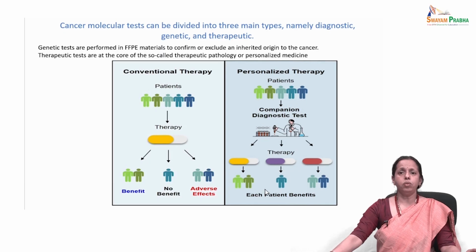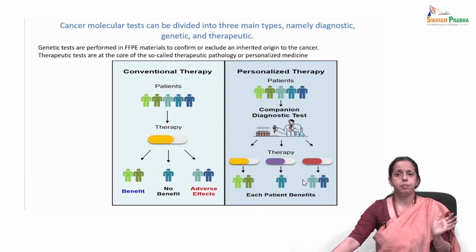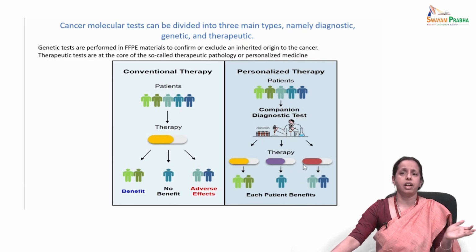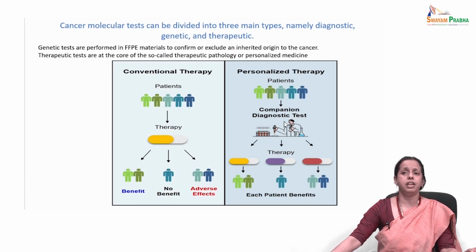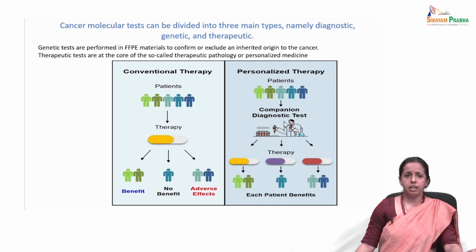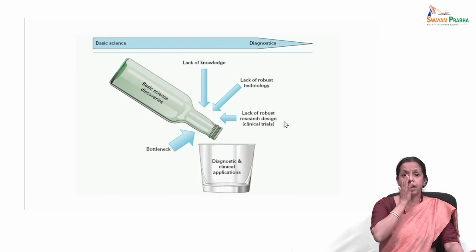That is now the prototype available in a molecular diagnostic lab: you have the analysis for all your driver mutations or for microsatellite instability, for example, in the case of hereditary non-polyposis colorectal cancer.